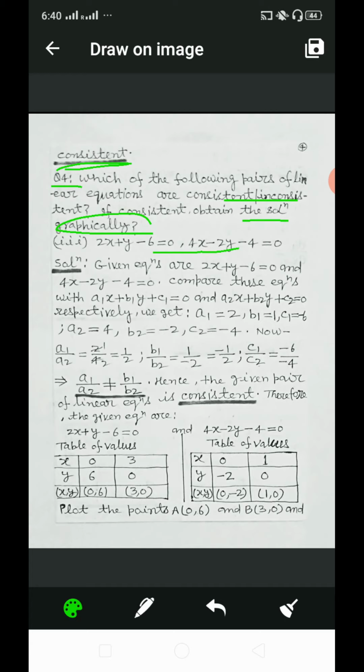To find the solution, given equations are 2x plus y minus 6 equal to 0 and 4x minus 2y minus 4 equal to 0. Compare these equations with a1x plus b1y plus c1 equal to 0 and a2x plus b2y plus c2 equal to 0 respectively. We get a1 is equal to 2, b1 is equal to 1, c1 is equal to minus 6, a2 is equal to 4, b2 is equal to minus 2, c2 is equal to minus 4.